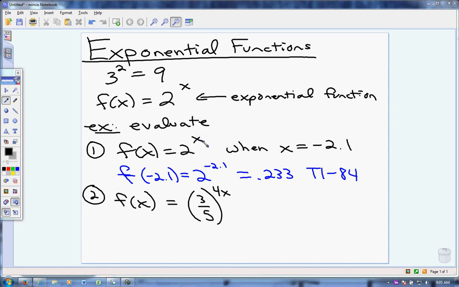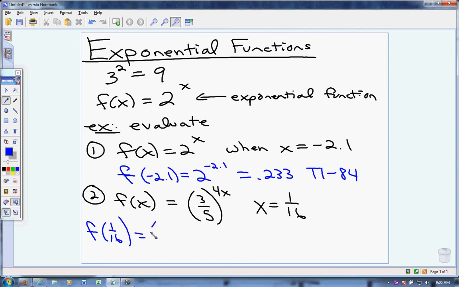And then let's say they want you to evaluate this when x equals 1/16. This one we can do pretty much on paper. Let's just walk through it. So f of 1/16 is going to be 3/5 to the 4 times 1/16 power.